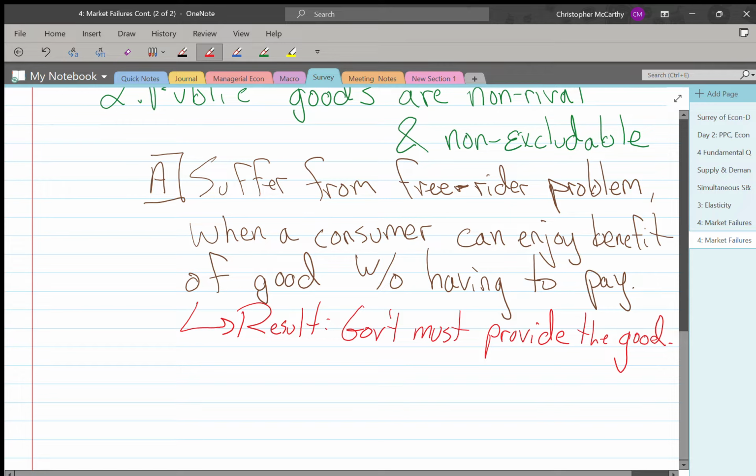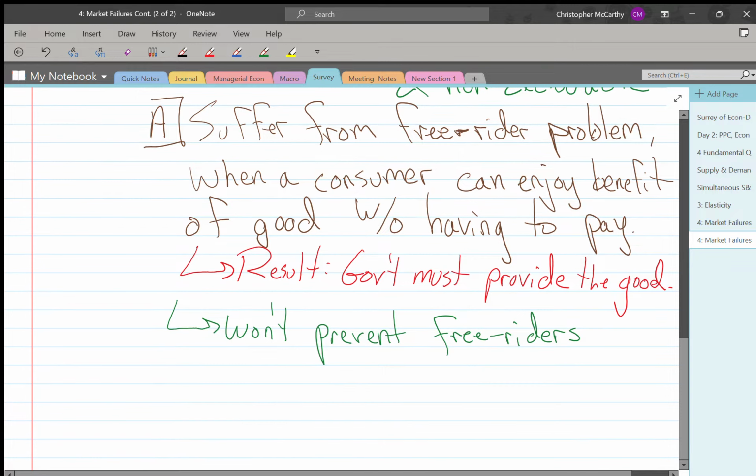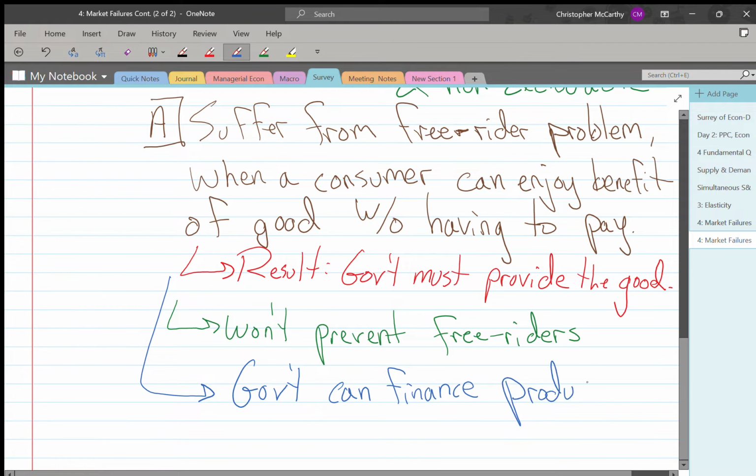This is not going to prevent the free rider problem, but the government can finance the production through taxes, which we'll talk about towards the end of class today.